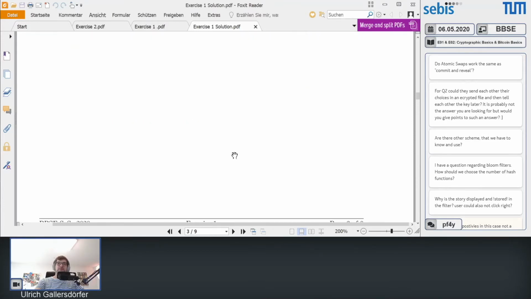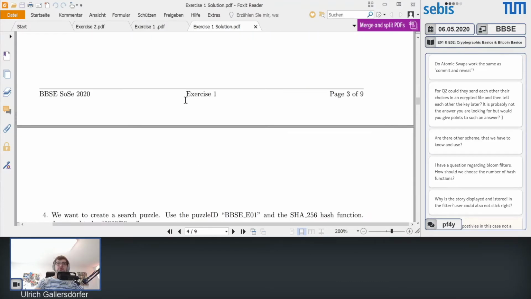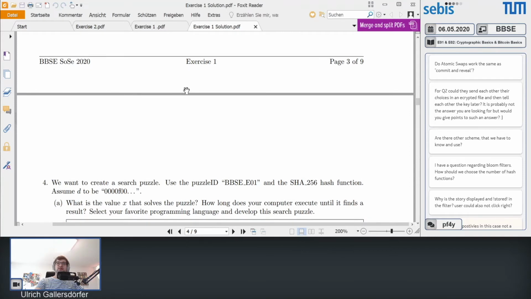Okay, so let's continue to the next question, and this is where I would really like to see some of you guys' code, because that could be interesting. The exercise now is about search puzzles.